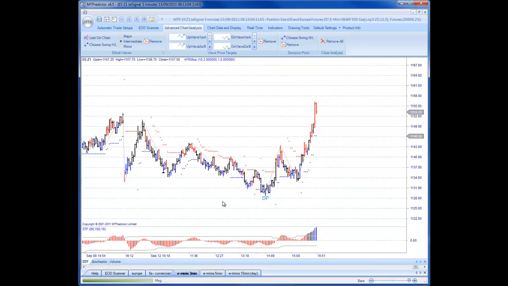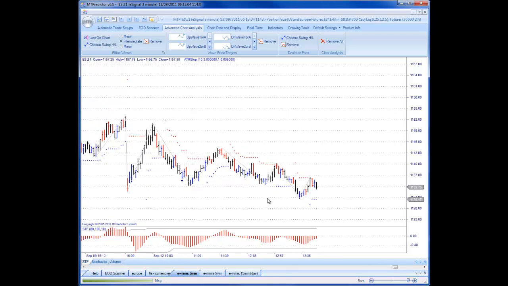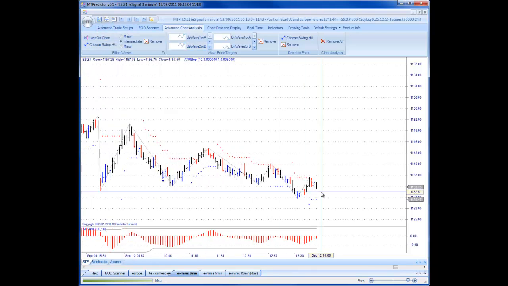Well, here's our 3-minute ES chart, and if I go forward here, here's our 11:31 to 11:29 level. We can see that the ES did indeed get to this level here. However, there was no automatic trade setup at this level. I can put the DP on from this level here, and this represents the same level as we had on the 15-minute chart, so that can then be put back on the 3-minute.